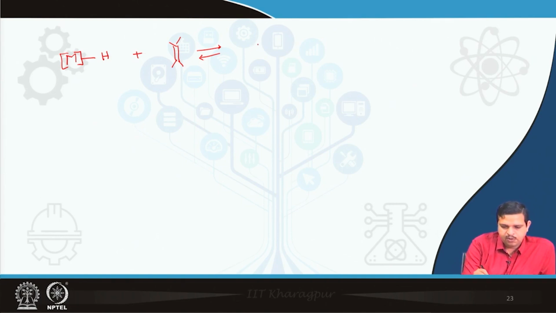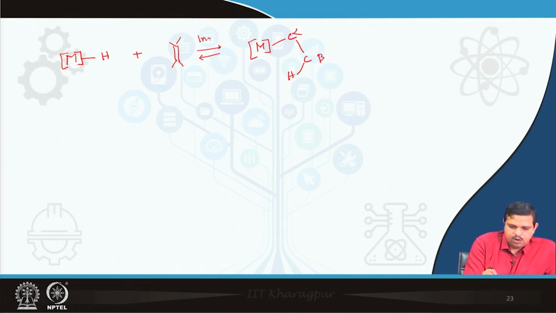So, what happens, you get this kind of complex, okay, and this is obviously the alpha and beta. Okay. So, this is what is happening, this insertion reaction is happening.